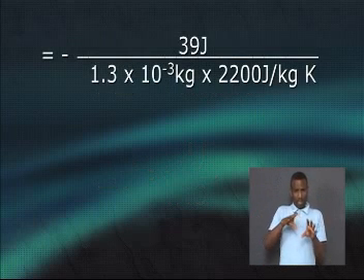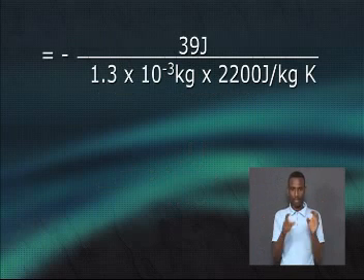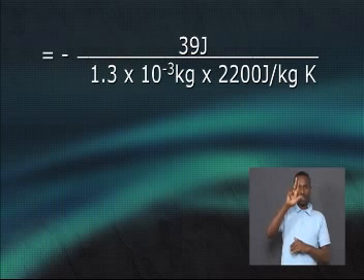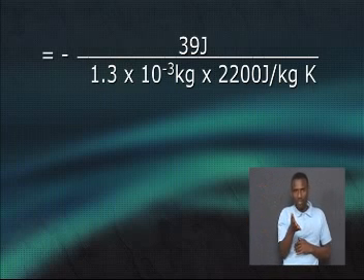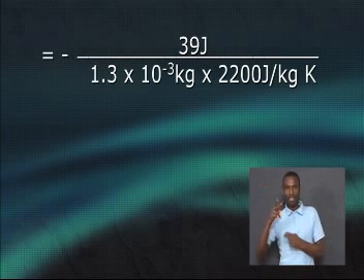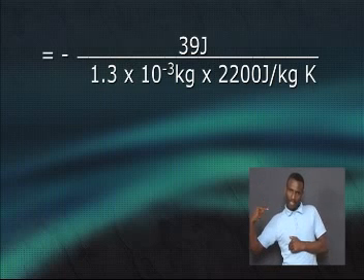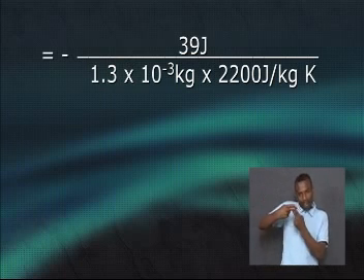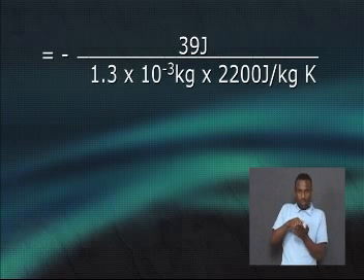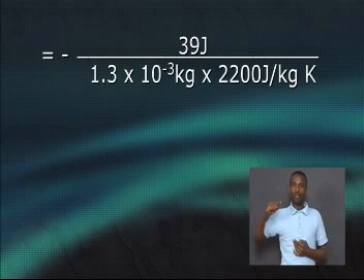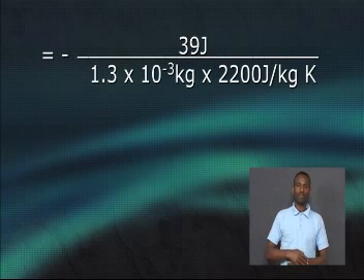Now, all we have to do is substitute the correct values. -39 joules over 1.3 times 10 to the power of -3 kilograms times 2,200 joules per kilogram Kelvin.